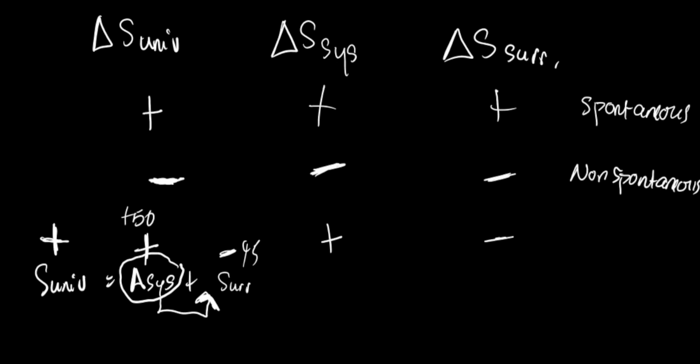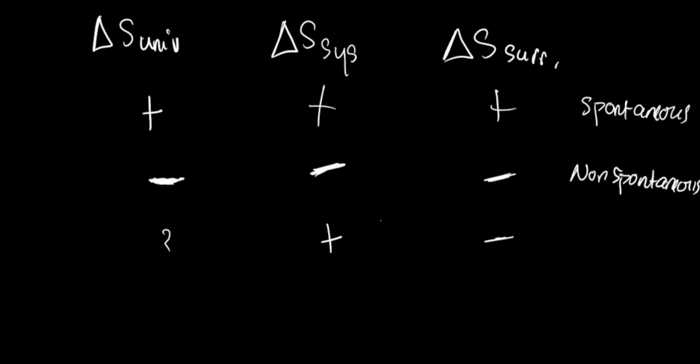Now, when the value of the change in entropy for the system is much larger than that for the surrounding, even when the surrounding has a negative entropy, the reaction is still likely to be spontaneous. But of course it depends on that condition that we stated earlier, so this is questionable based on that condition.